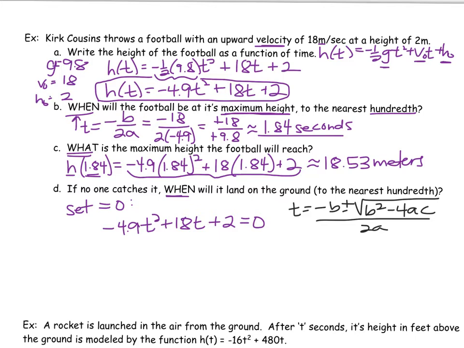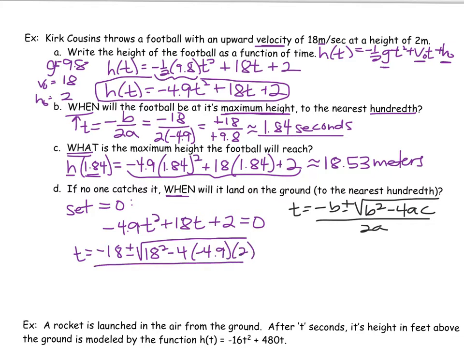Now we're going to plug this in, and the nice thing about this is it says to the nearest hundredth, so we'll be able to use the calculator to determine our answer. We have t equals negative b, which is negative 18, plus or minus 18 squared minus 4 times a times c, all over 2a.